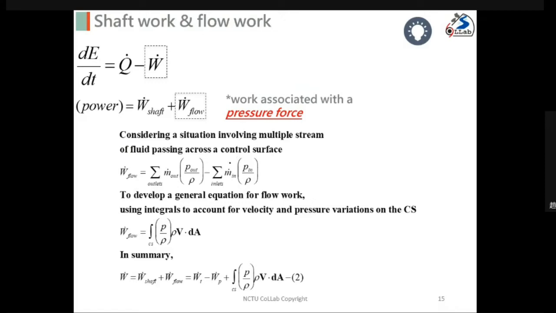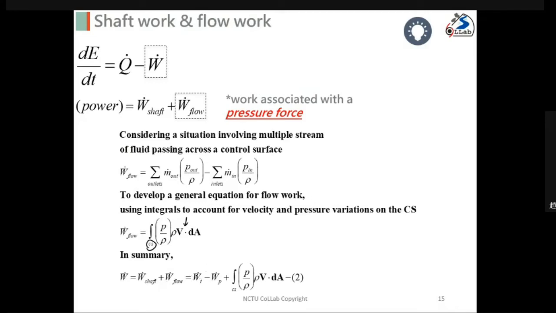But since we cannot always know that the flow direction is parallel to the normal vector of the cross-section area, we involve the dot product, and we know that there's an outflow minus the inflow. We can deal with the problem with integrations along the control surface.